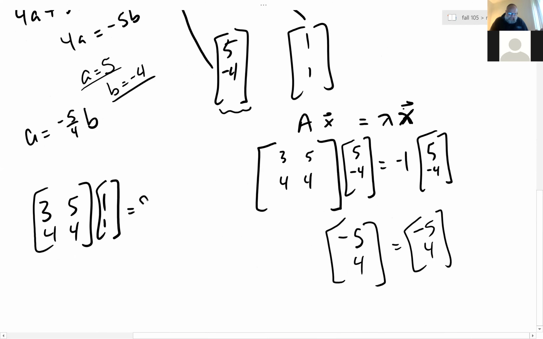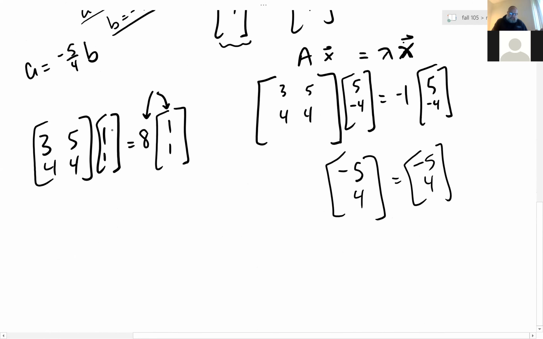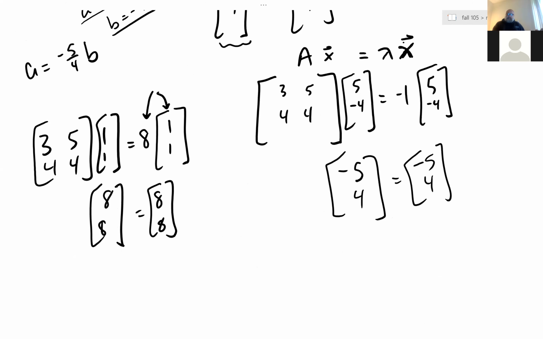So had I done this, because this eigenvalue must go with its eigenvector, they must go hand in hand. So it's 3 plus 5 is 8. 4 plus 4 is 8. Nice. 8 and 8. Look at that. Oh, it's not divided by, you idiot. But there it is. Okay. That is a special deal. It only works for the eigenvector and the eigenvalue.